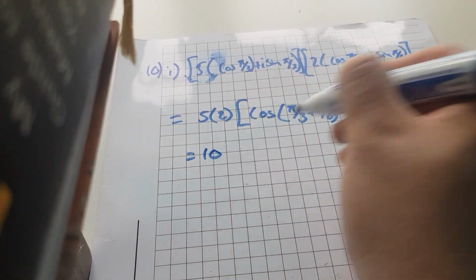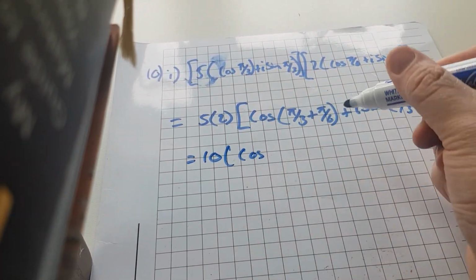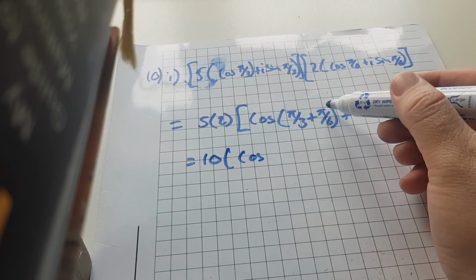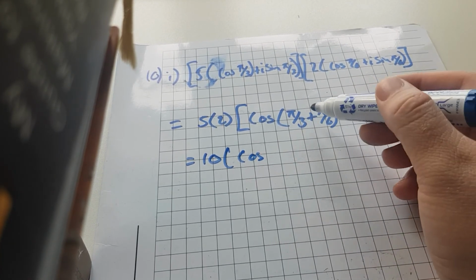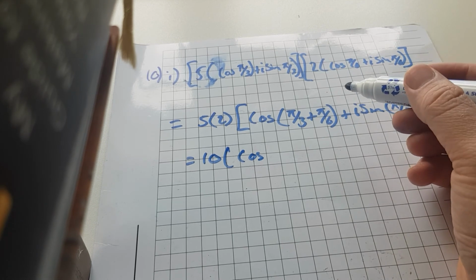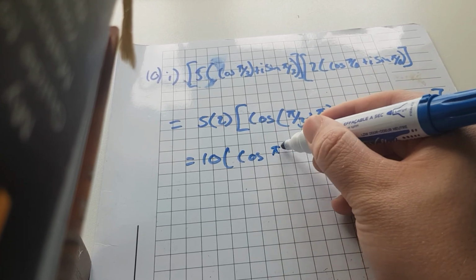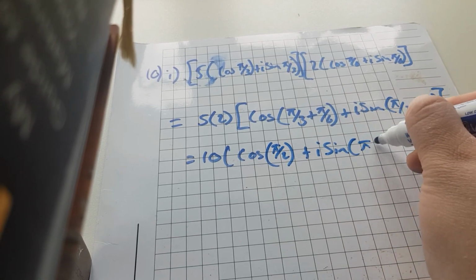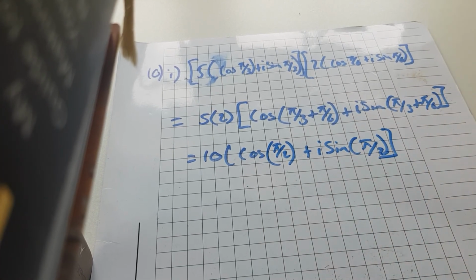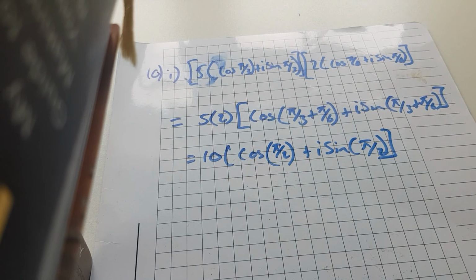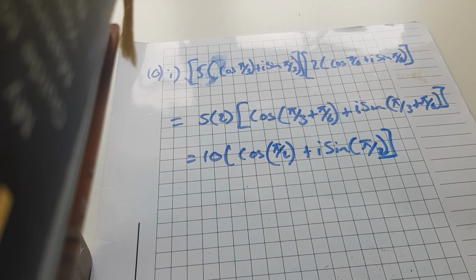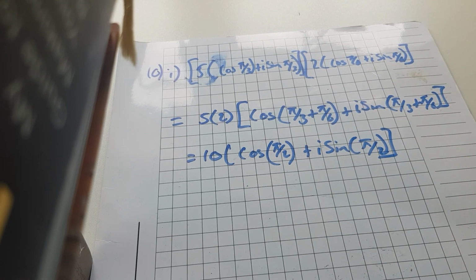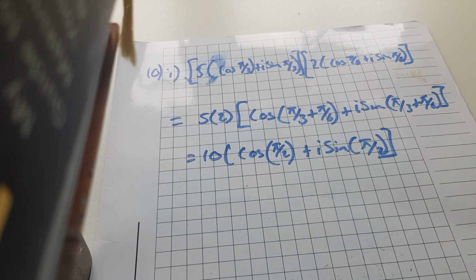So I end up with 10 times cosine of pi over 3 plus pi over 6. Imagine this is 2 pi over 6, so 3 pi over 6. So that's a half. So it's pi over 2 plus i sine pi over 2. Okay, division is the same, except we divide and subtract.